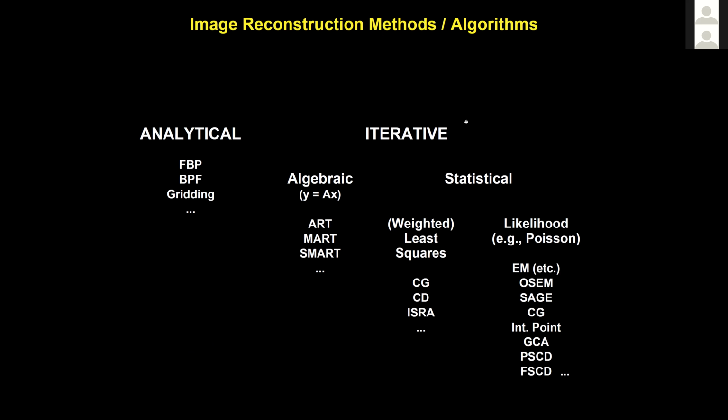And here's the important slide that I want to show: the different categories of reconstruction, particularly for iterative reconstruction. If you don't consider the noise, you use algebra knowledge to solve it, which is the ART type of algorithm.